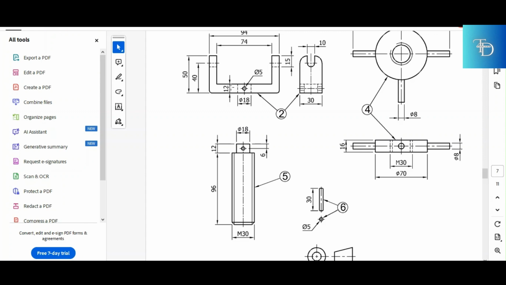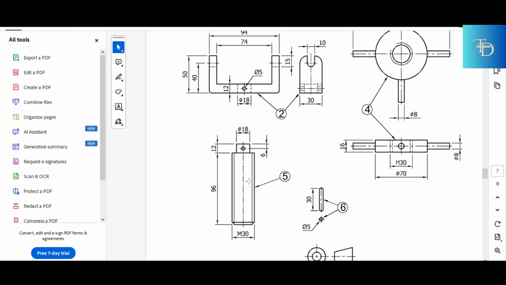It's 12 units. How high is this head? It's 12 units. We have a hole in the middle, a hole of diameter 5. We also have the hole of diameter 5 here. So you see the connection there. If you just take this rod and push it up, it's going to fit exactly into that hole of the roller cradle right there.